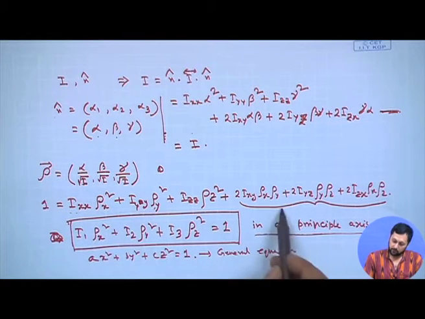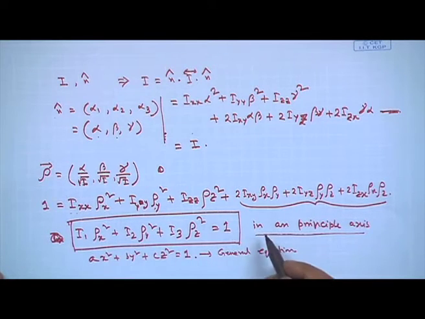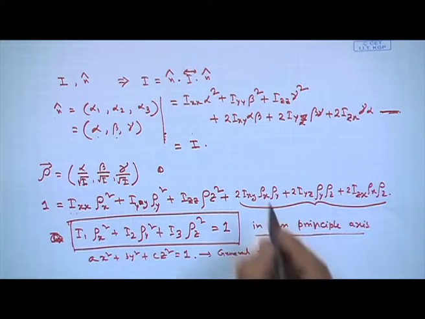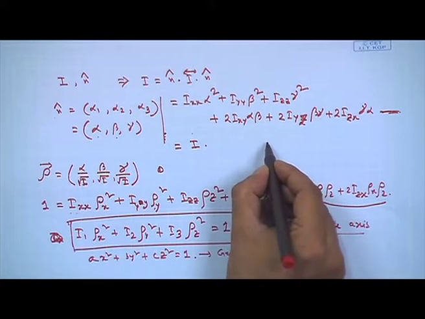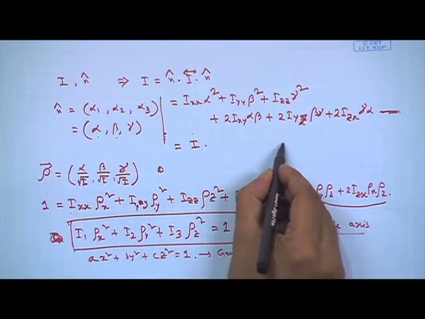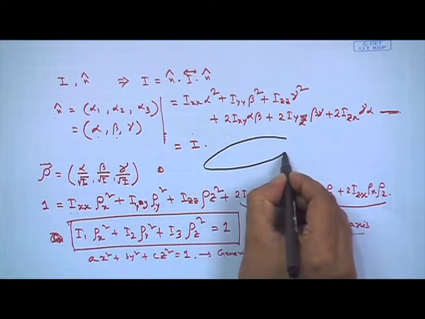Now in this system also, this is also an ellipsoid, but this ellipsoid where the axis system is not falling along the different axes of symmetry of the ellipsoid. What I mean by this is, let us assume this surface. So this is an ellipsoid.